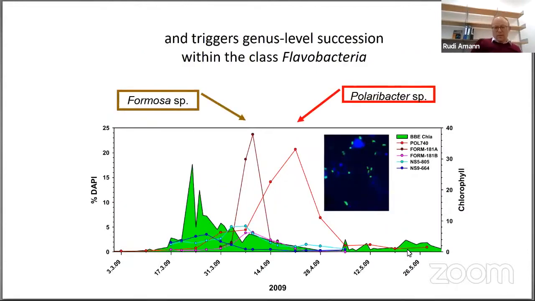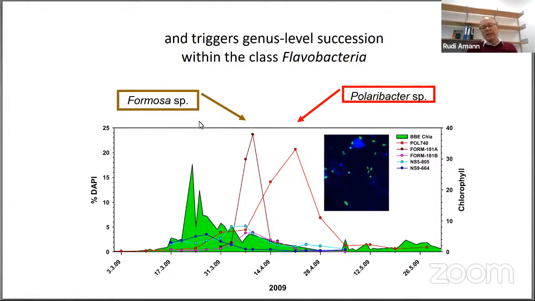More interestingly, within the group of Bacteroidetes, but also within the group of gamma proteobacteria, there is a very rapid, most likely substrate-driven succession on the level of genera. So particular species take over.